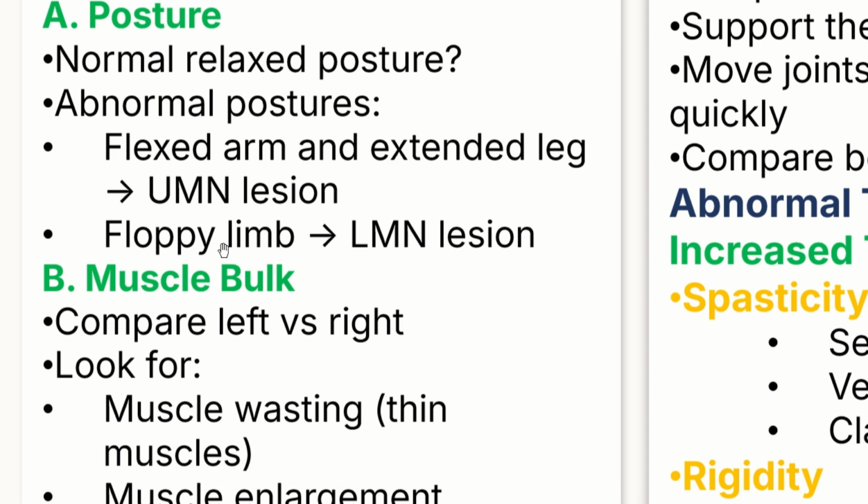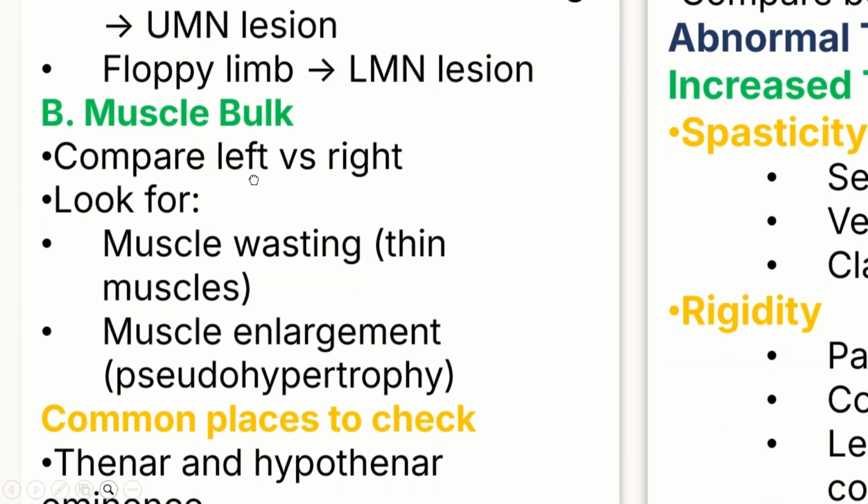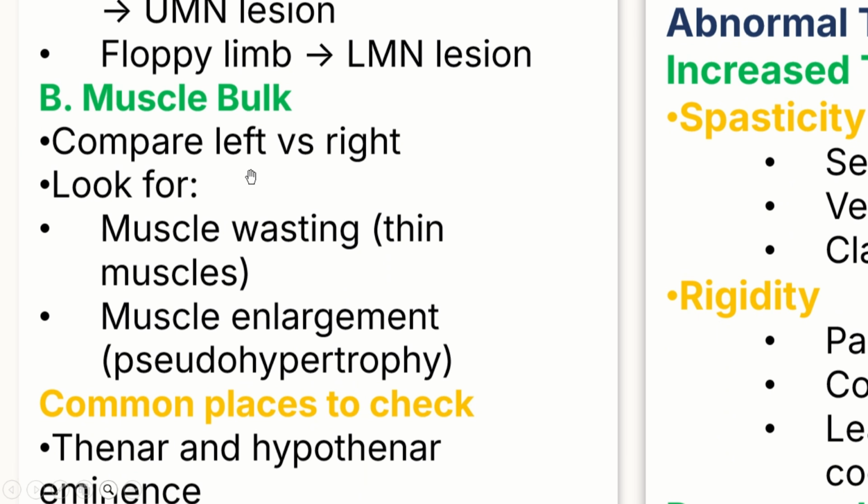Now, for the muscle bulk, it's important that you compare both the right and the left. Some people are naturally smaller compared to others, so it wouldn't be fair to compare the muscle bulk of one person to another. But when you compare the left and right sides of the body, the body tries to be as symmetrical as possible, or the asymmetry is not going to be too big.